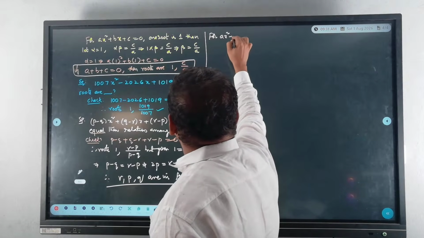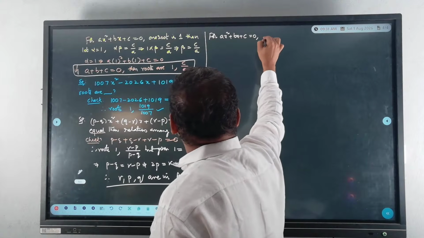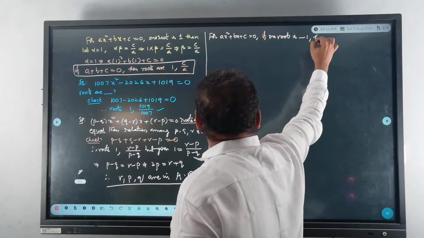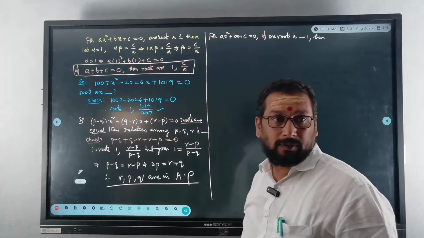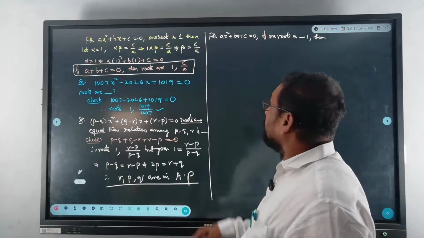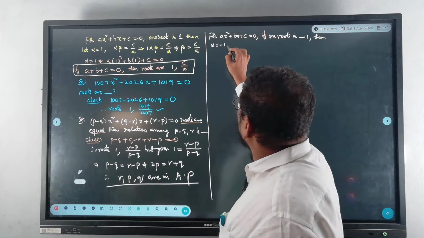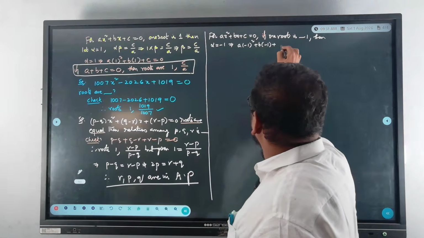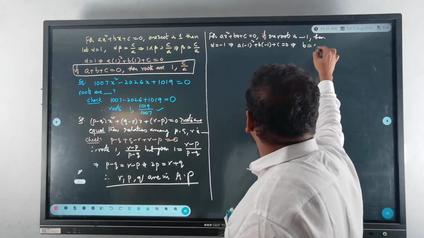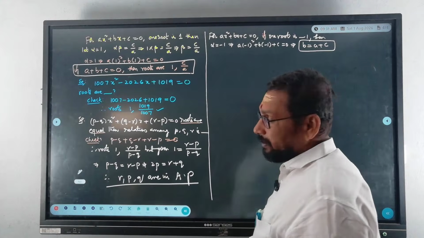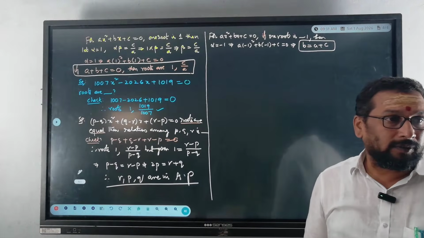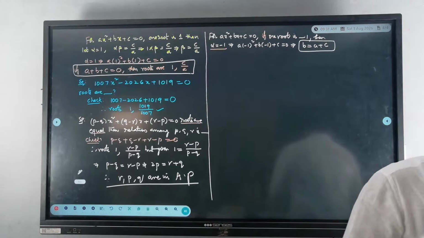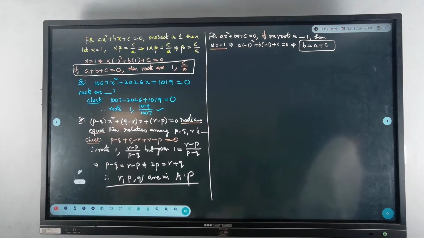for ax square plus bx plus c is equal to 0, if one root is -1, what happens now? Alpha is equal to -1, a into -1 whole square plus b into -1 plus c is equal to 0. That implies b is equal to a plus c. That is the condition.